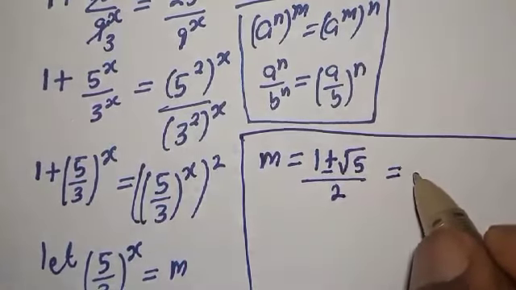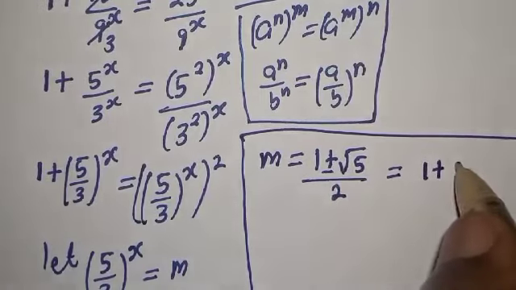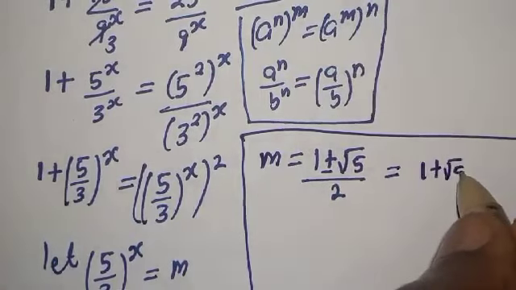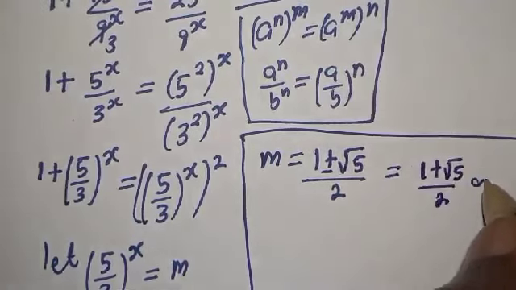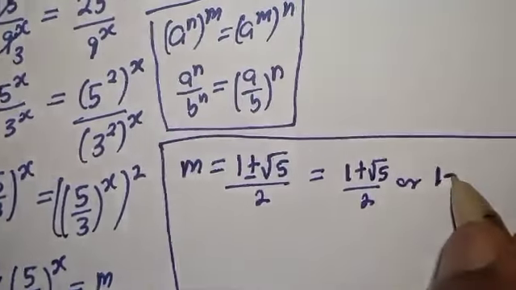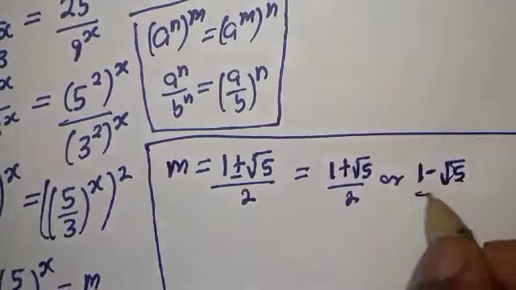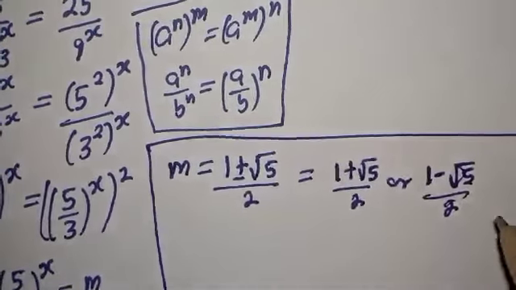This is equal to 1 plus root 5 over 2, or 1 minus root 5 over 2.